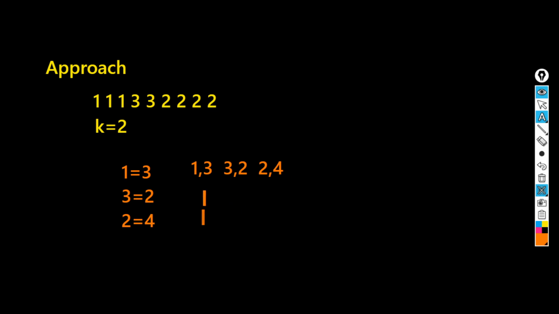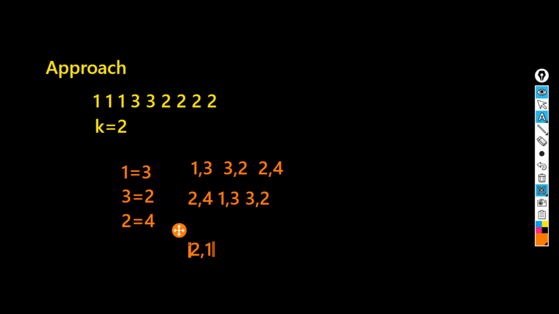After sorting, this will look like 2, 4, then 1, 3, and 3, 2. So the sorted vector will be looking like this. Then we will iterate over this k times and we will find our answer. Here we have to iterate 2 times, so we'll get 2, 1 as our answer.